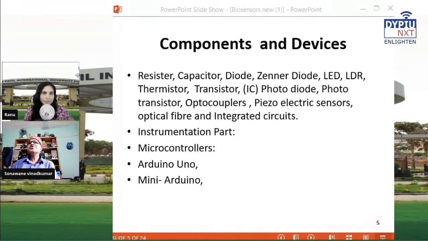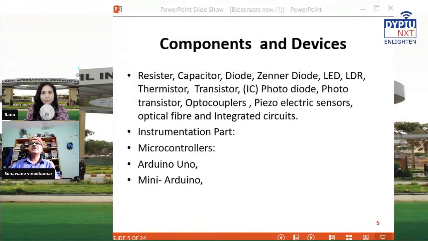So we can make use of these devices as a major component, say transducer, which will give you the electrical signal, right? So with this we can design our biosensor.